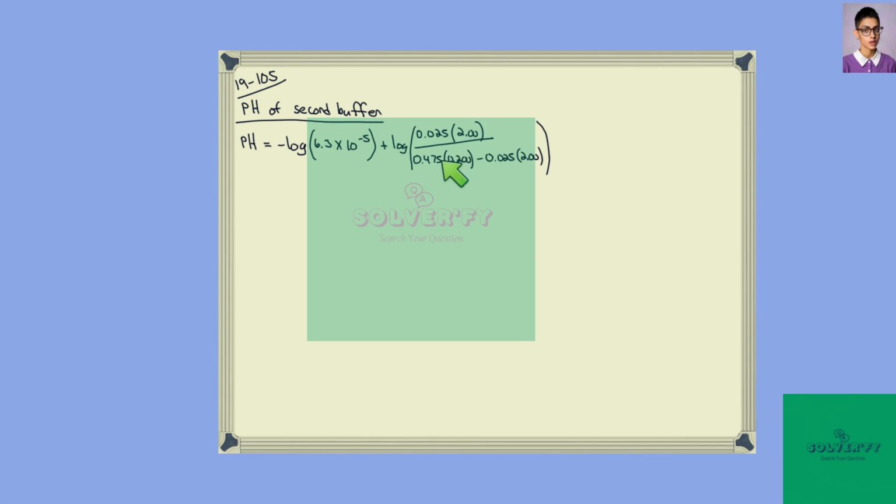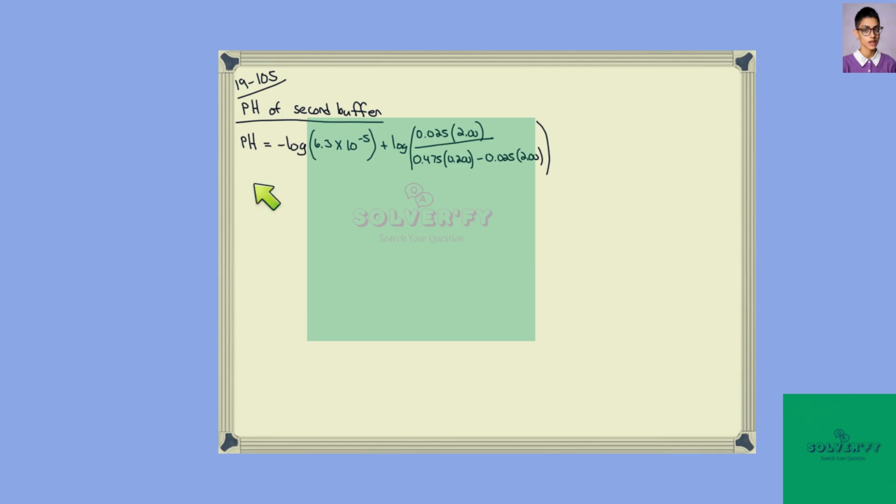The moles of weak acid that will be present will be the volume of the benzoic acid solution, 475 milliliters or 0.475 liters, multiplied by the concentration of the benzoic acid. This is the original moles of benzoic acid before adding the sodium hydroxide, but when we add the sodium hydroxide, the moles of benzoate formed will be equal to the moles of benzoic acid that was decreased.